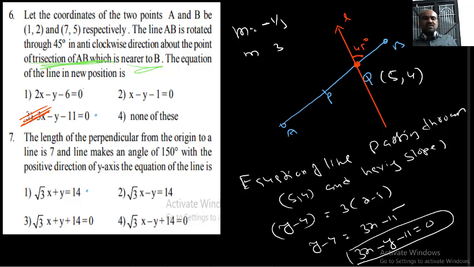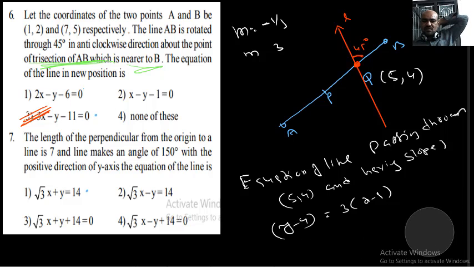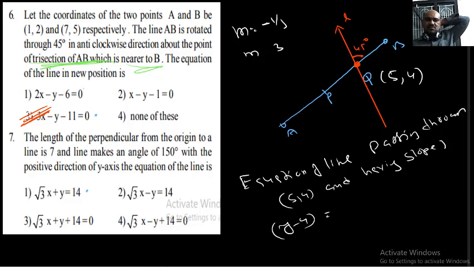If you take minus 1/3, the other line that is perpendicular to that would be of the form x plus 3y, but that is not there in the options, that's why this is the required line. One more line also exists, with slope minus 1/3. I will find that also: y minus 4 equals minus 1/3 times (x minus 5).